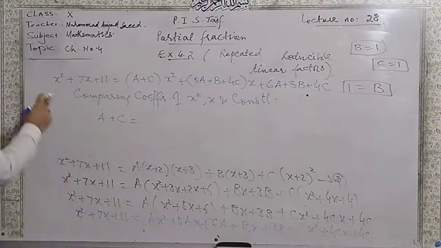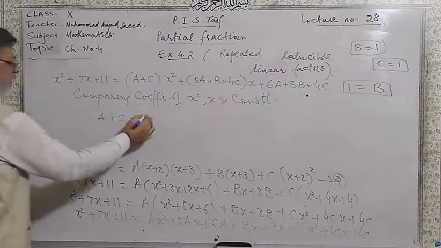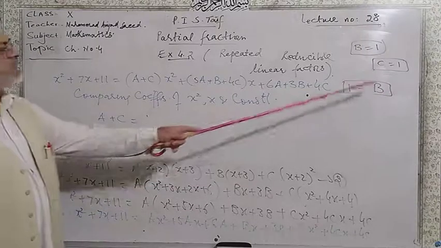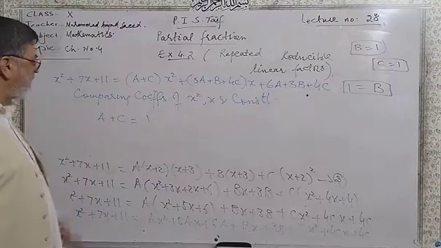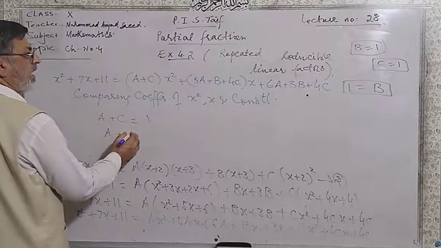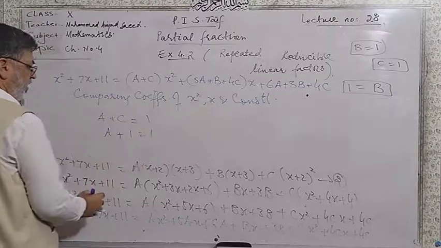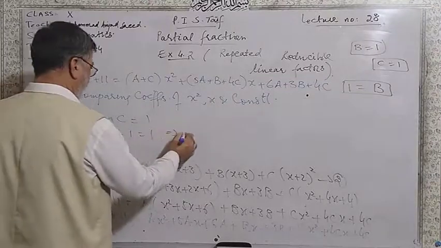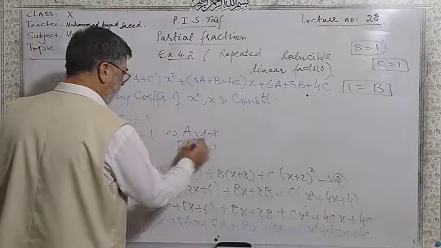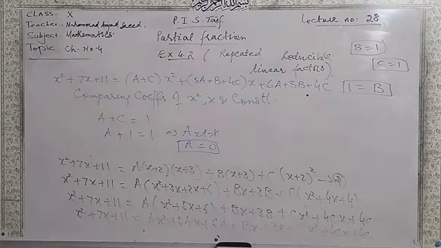Now on the left hand side, what is the coefficient of x square? This is 1. You have this value of c here. Look, c was equal to 1. So a plus c was 1. a plus 1 is equal to 1. So a is equal to 1 minus 1, that is 0. So a is equal to 0.